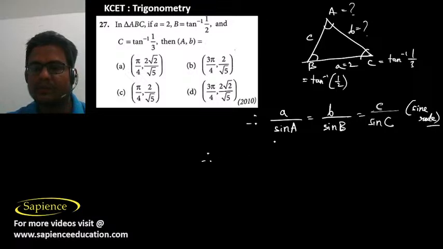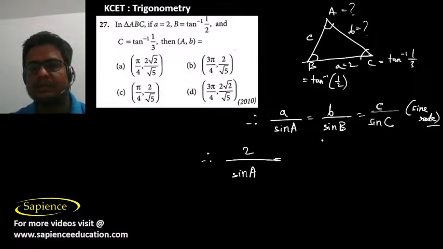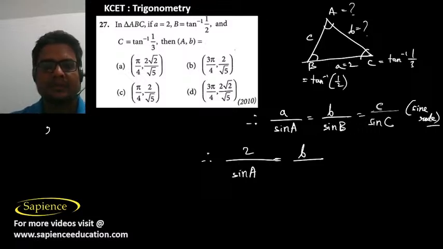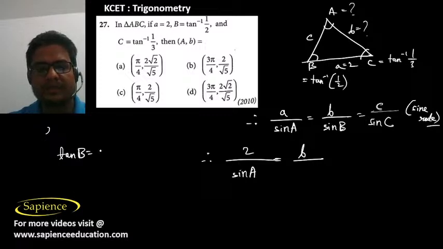So now a is 2, so 2 by sine A is equal to b, b we have to find, by sine B. So now tan B is 1 by 2, since B is tan inverse 1 by 2, so tan B is 1 by 2. So from here sine B we can find.